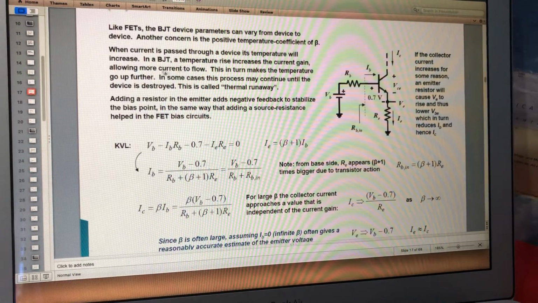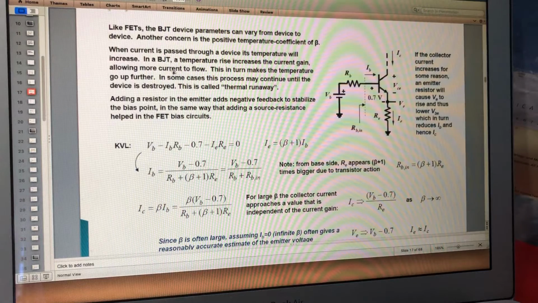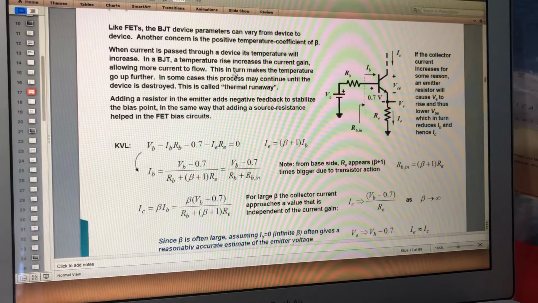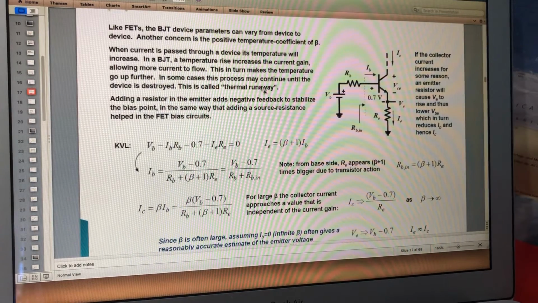Seriously, if you don't properly manage your temperature, the current flow can short and burn the BJT. This in turn makes the temperature go up further. In some cases, this process may continue until the device is destroyed. This is called thermal runaway.